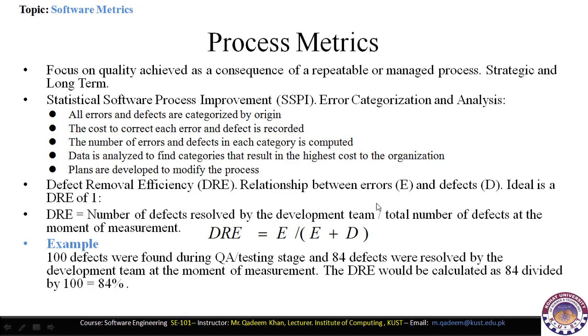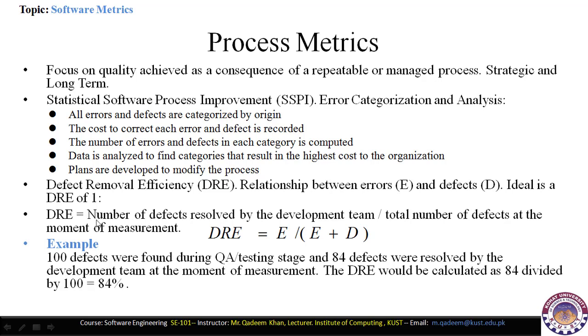The ideal value is 1 because in E divided by E plus D, if there are no defects, then E will be divided by E. So that means it will give us 1, which is the ideal value of DRE.